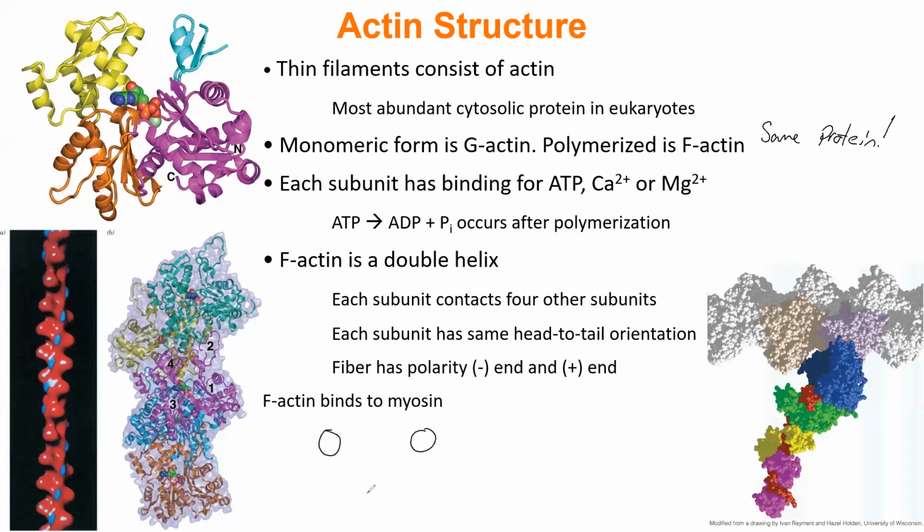G-actin are monomers, where you just have actin by itself in a globular form. These can interact with each other to form a fiber that's called F-actin. And these can interconvert, right? F-actin can break apart and go back to G-actin. G-actin can come together to form F-actin.